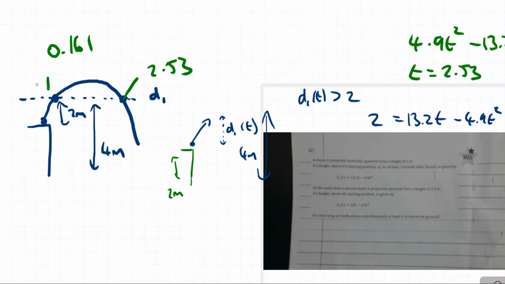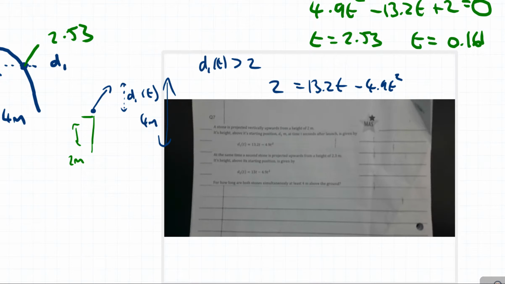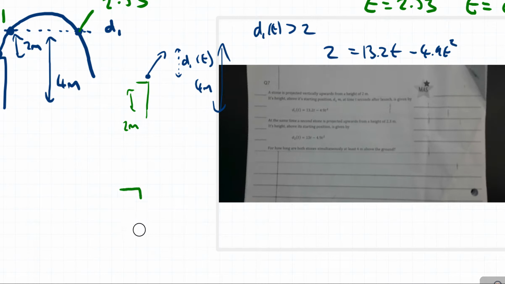So in that range, your first particle is above 4 meters. Then we're told a second particle is launched, and that one is 2.3 meters above the ground. Again we want to find when it is 4 meters above the ground.